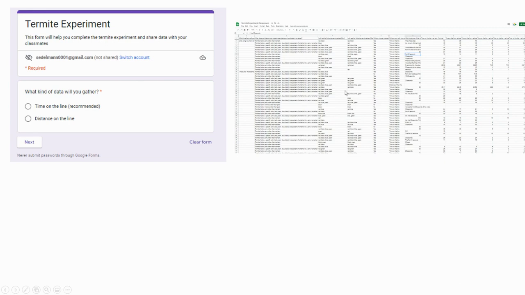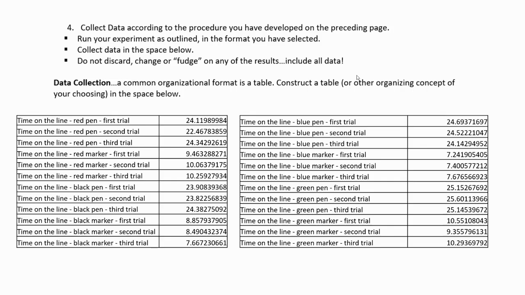So I know you can't see this. That's an example of the data. I've got like 146 data points at this point from students that they have turned in. And when you're collecting the data, this is sort of what this looks like.